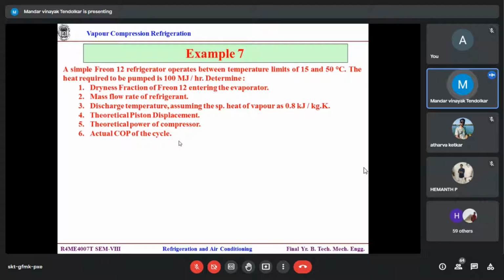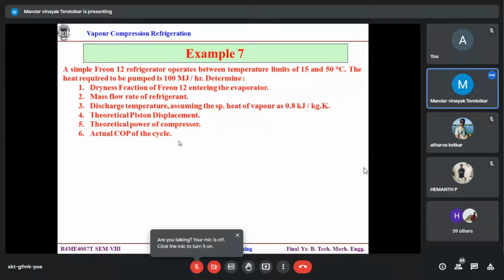Can you plot the lines now? Can you find the lines? Yes, sir.